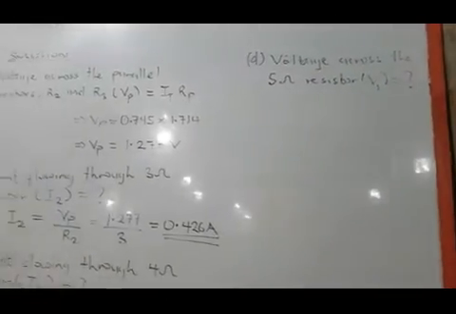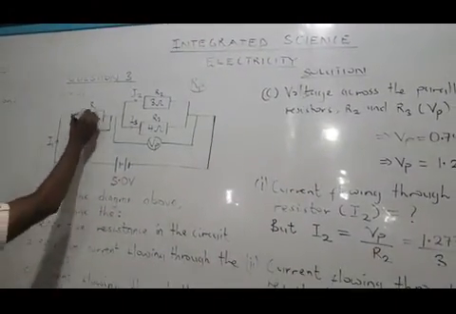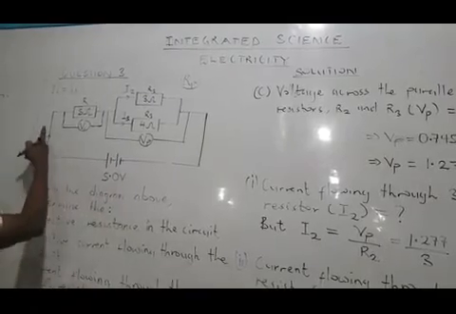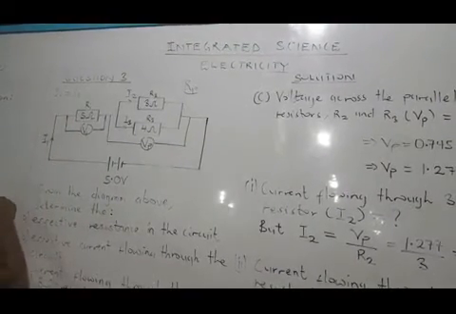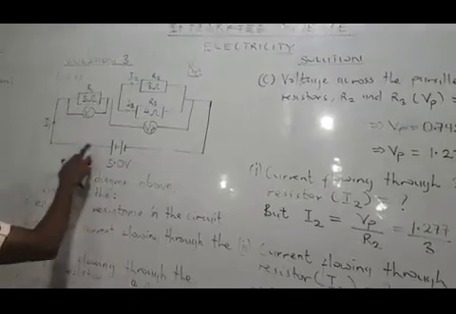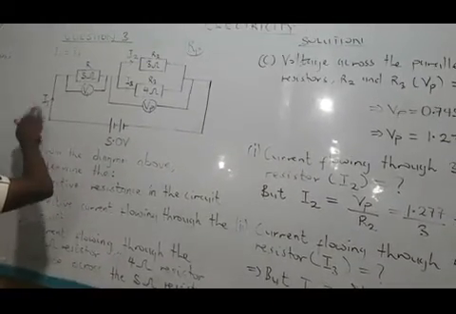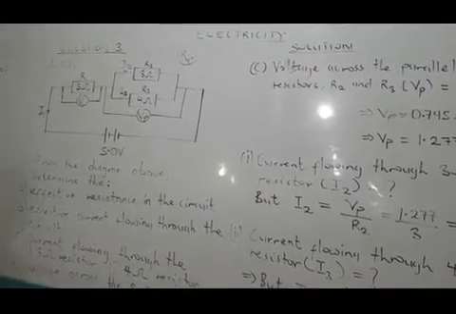Our voltage is always the current times the resistance. So the resistance here is 5 ohm. And as I said, the current flowing through the 5 ohm resistor is equal to the total current. So the voltage across the 5 ohm resistor will be equal to the current, that is IT, times the resistance R1.